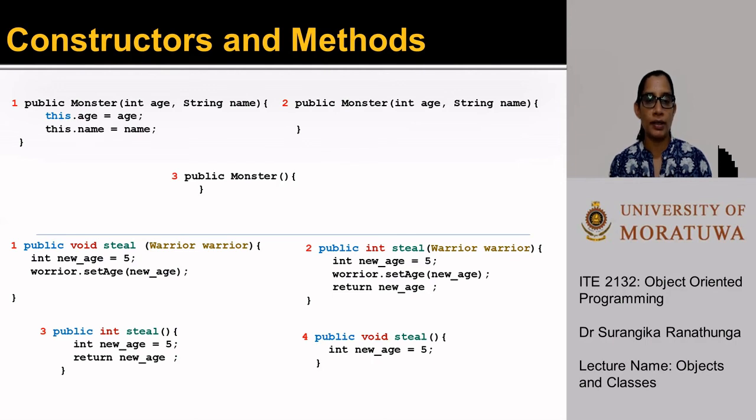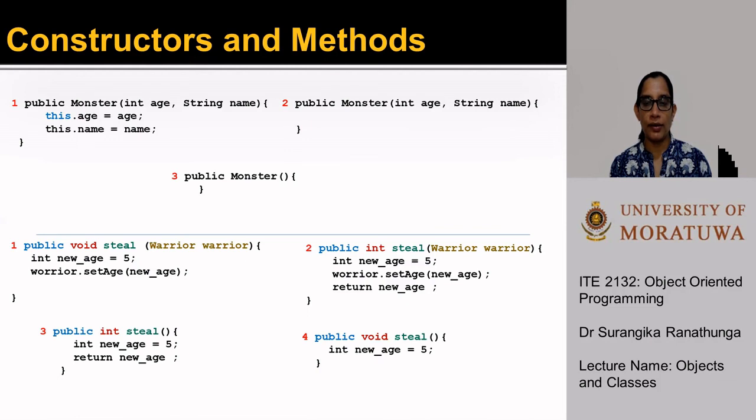The next part in the method signature is the method name. Here this method has the name steal, and then the parameters. Here we take a parameter of type Warrior. The return type, access modifier, and the parameters are optional, for example. And when you don't have a return value, you have to say it is void.